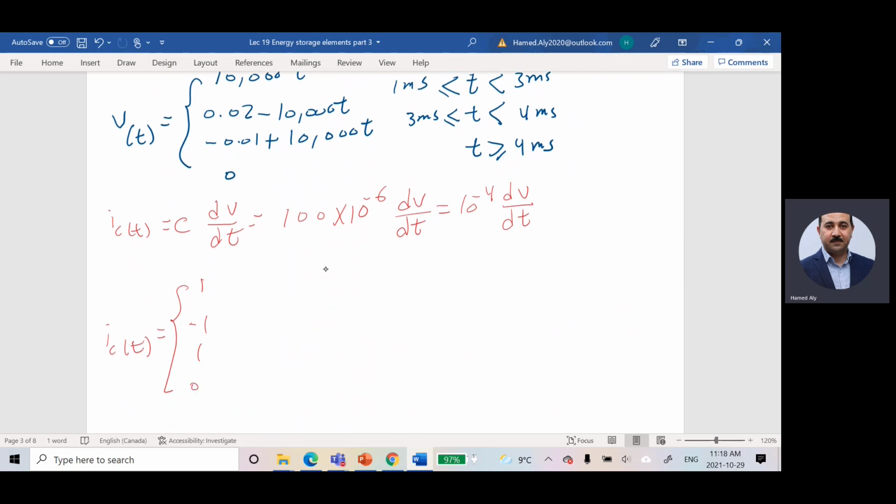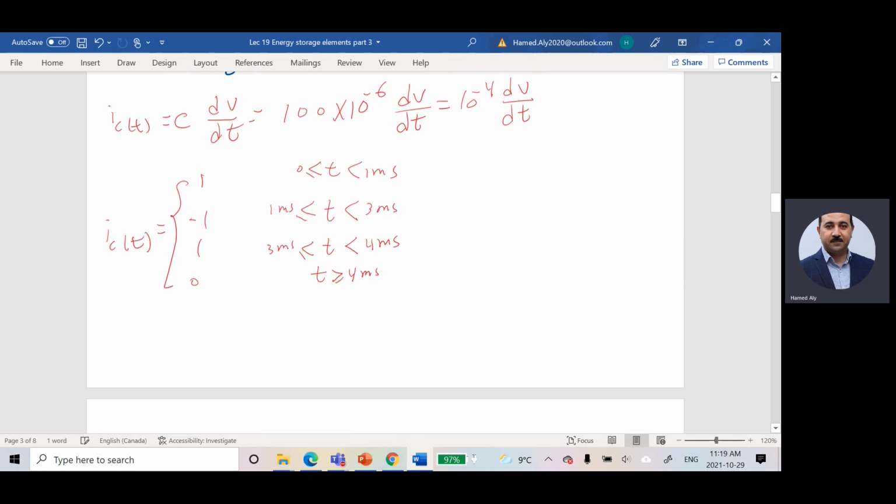This is in case of t in between 0 and 1 millisecond, and this is in case in between 1 millisecond and 3 millisecond, and this is in case of 3 millisecond and 4 millisecond, and the last one t greater than or equal to 4 millisecond.